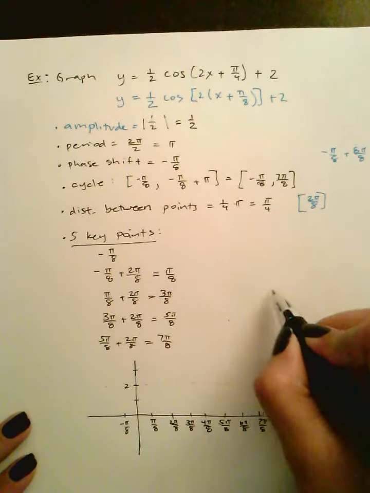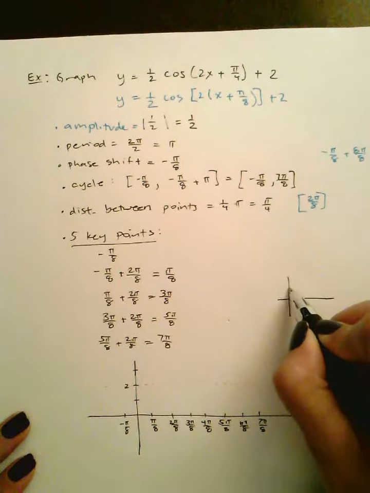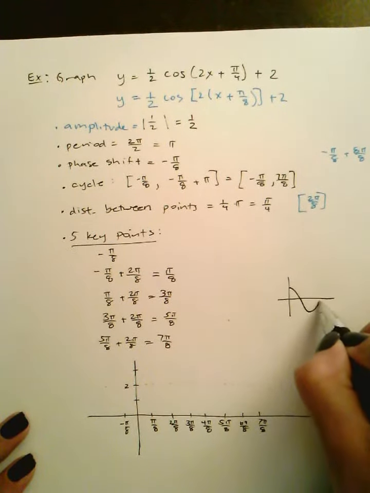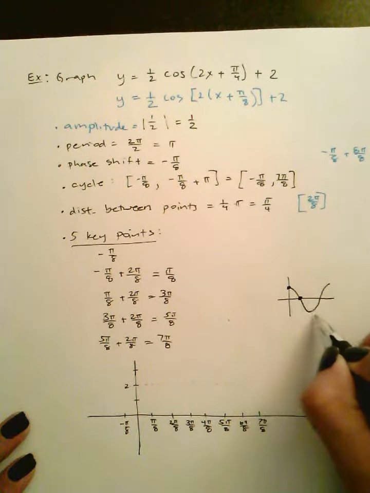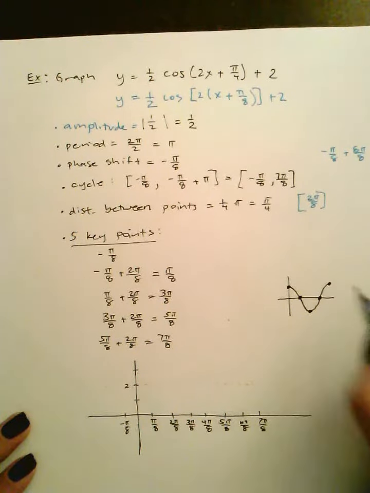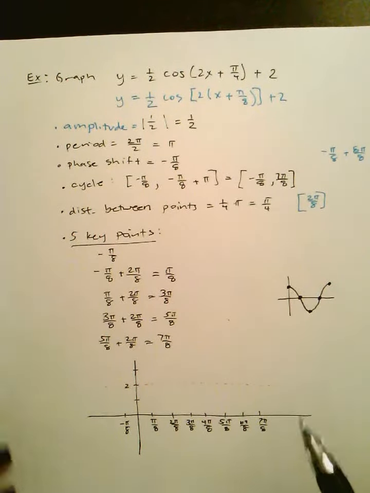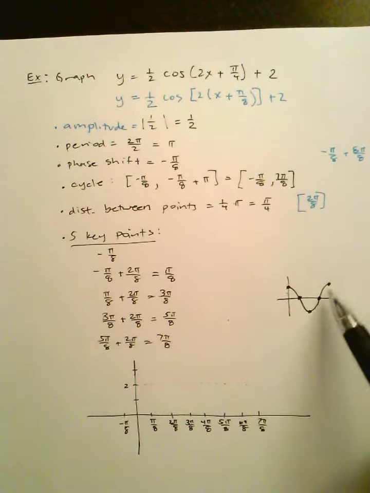So let me draw also the cosine function. The cosine function is above, and then it went below, and then it went above. So these are my 5 key points: above, on the center, below the center, on the center, and above the center. Because there's no reflections on this function, it's going to keep that same shape.